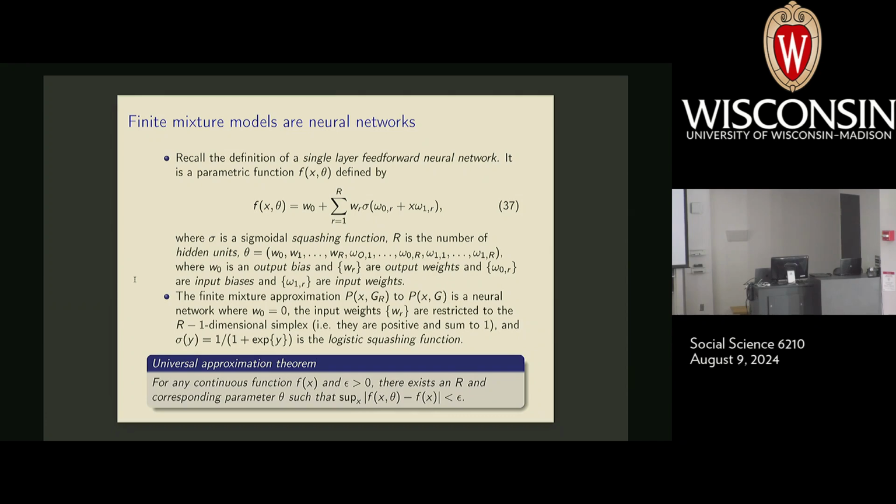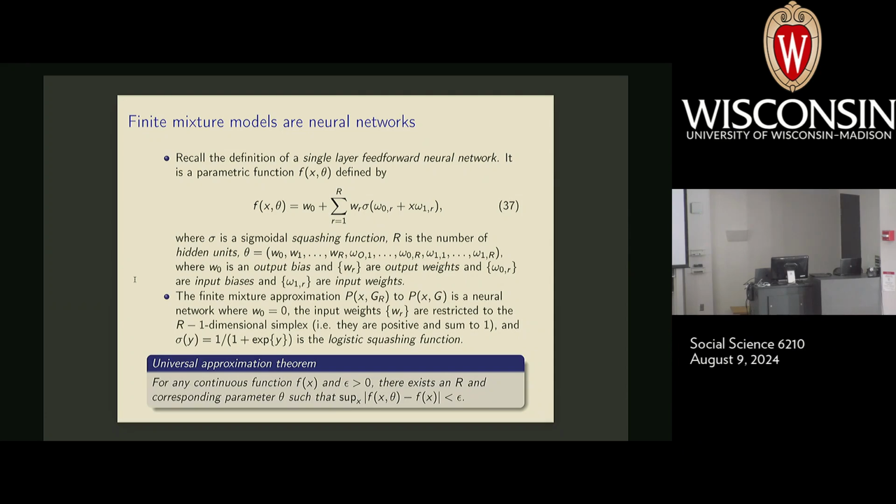There's an output bias and output weights, and then inside there's a hidden unit bias and a hidden unit weight, so omega 1r is the coefficient on X, and that's the bias, right? So these are the parameters of the neural network model. This is a single layer, the simplest textbook neural net.